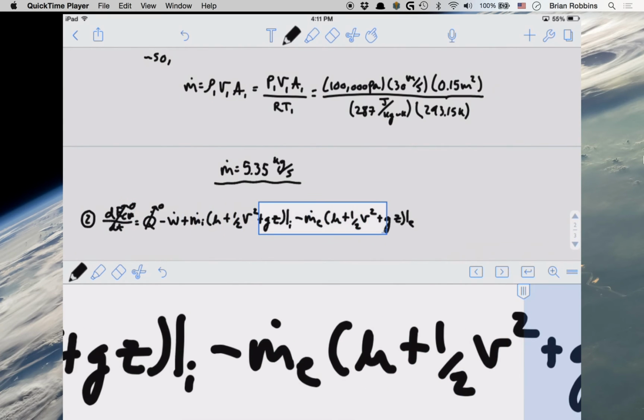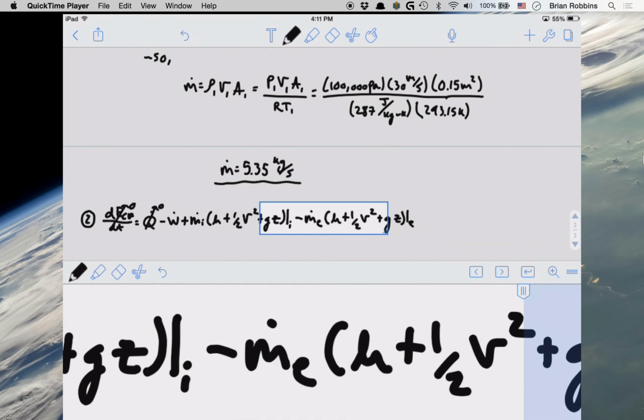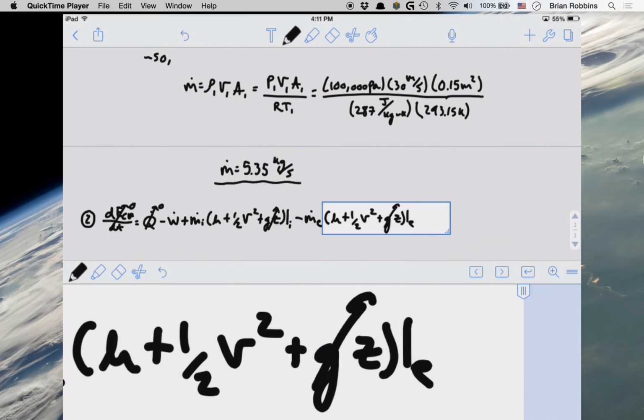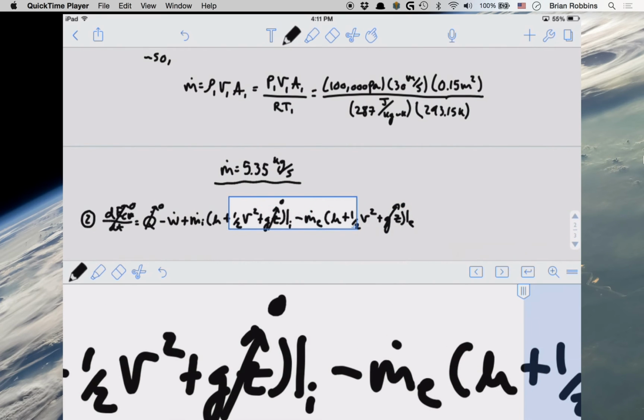Now, since our compressor isn't moving up and down or falling from the sky, etc., we have no change in potential energy, and therefore our gZ terms can also be neglected. So we're going to neglect potential energy changes because there is no change in potential energy for this particular problem.